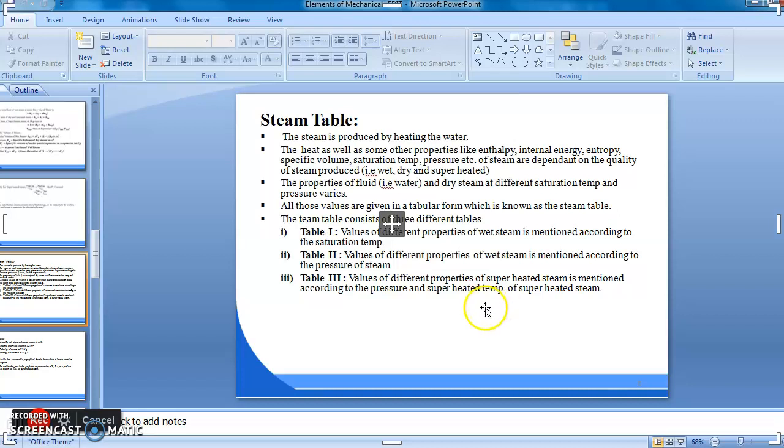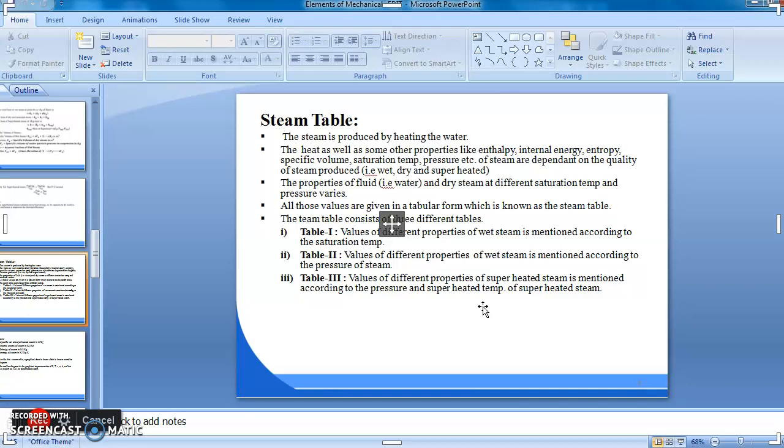In the table we can get different properties like enthalpy, internal energy, entropy, specific volume, saturation temperature and pressure of a wet steam as well as a superheated steam.